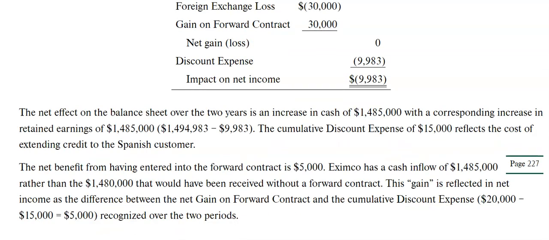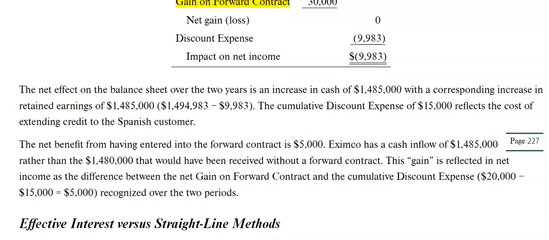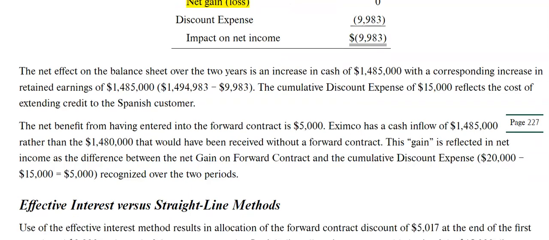Foreign exchange loss, $30,000. Gain on forward contract, 30,000.